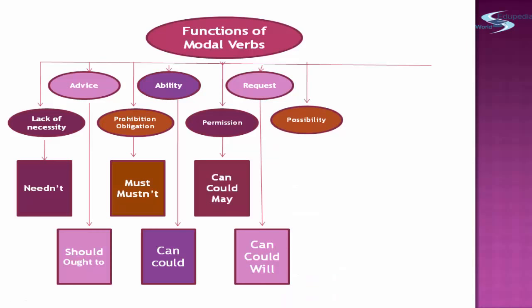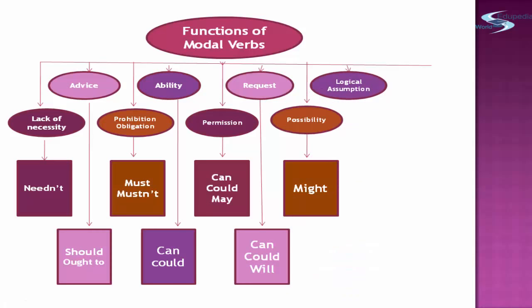The next function is for possibility. Under this function, you can use the modal verb might. The next function is for logical assumption. And the modal verbs under this are must or can't.